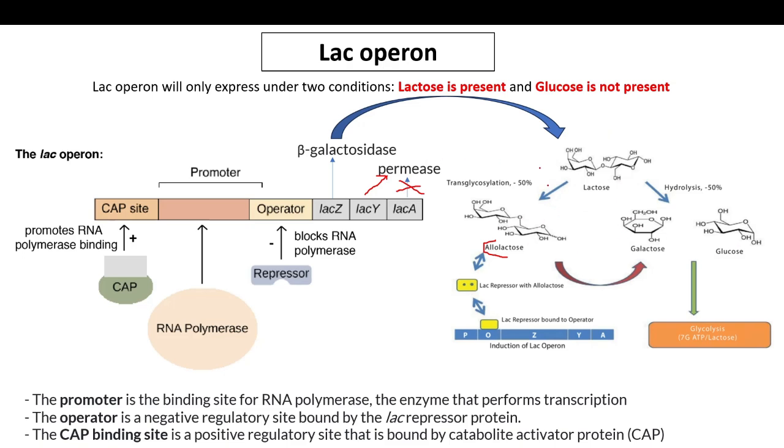Further, beta-galactosidase can again act on the allolactose that is formed and convert it into galactose and glucose. Ultimately, the aim of the bacteria is to produce this glucose so that they can utilize it for glycolysis.